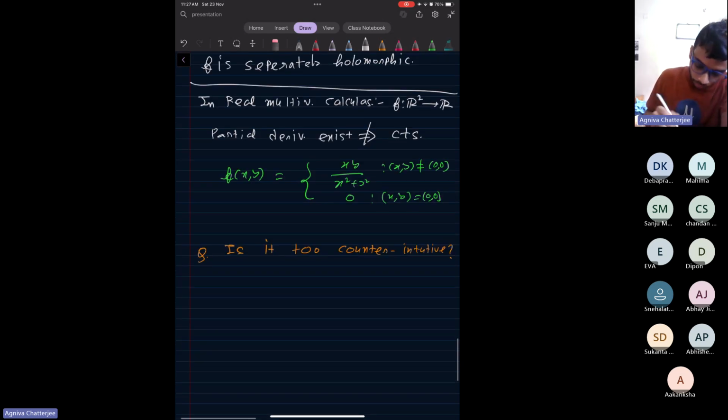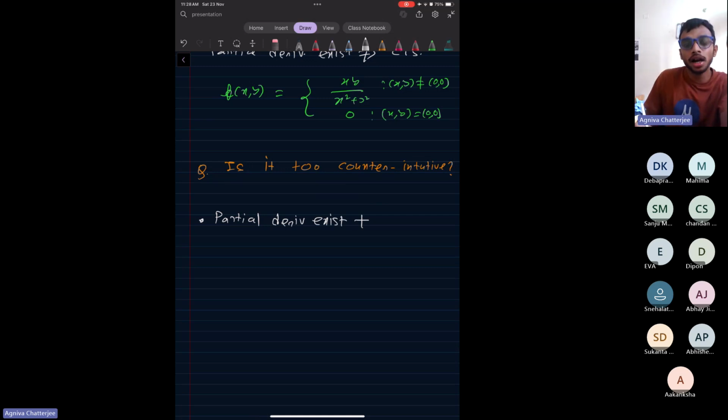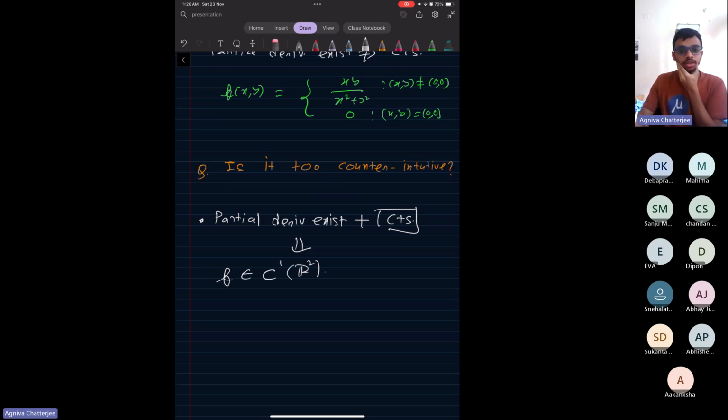Okay. So in real multivariable calculus, the existence of partial derivatives does not mean the function is continuous. But if I additionally assume that the partial derivatives are continuous, then f becomes C1 in R2. I hope you remember this.